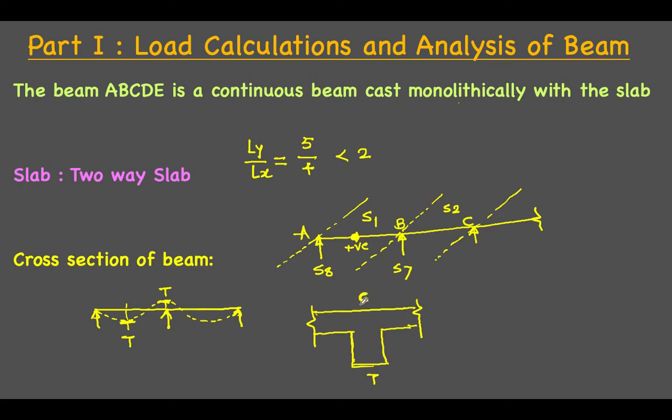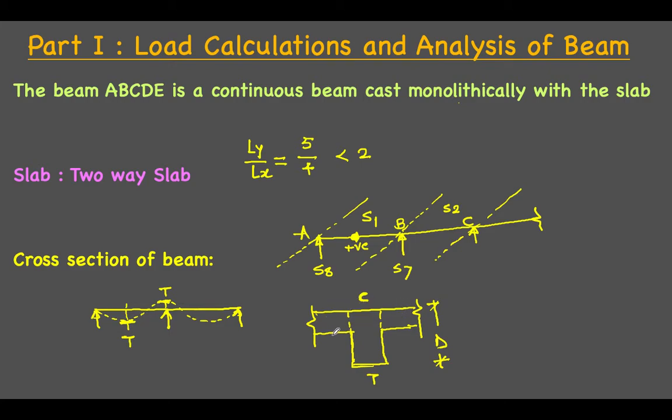Since the slab is also a flexure member, it means in this case we can utilize the cross section of the slab, or some portion of the slab, as a part of the beam. It means now we can identify this as the total depth of the beam. Thus we can achieve economy over here.